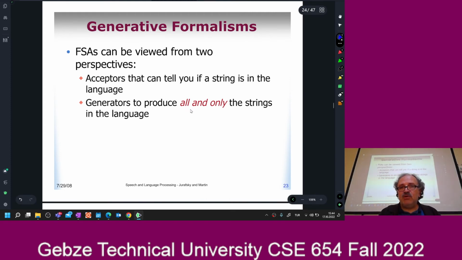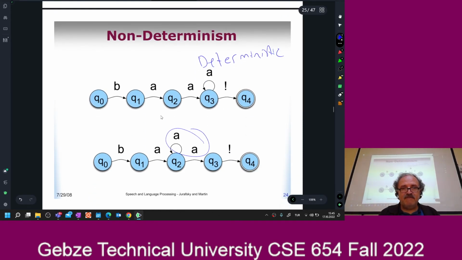They can generate all and only the strings in the language. Whatever can be recognized can be generated. They don't over-generate. If they generate something, it is acceptable. That's something nice, and we will be using it.